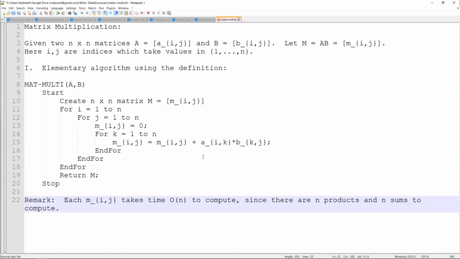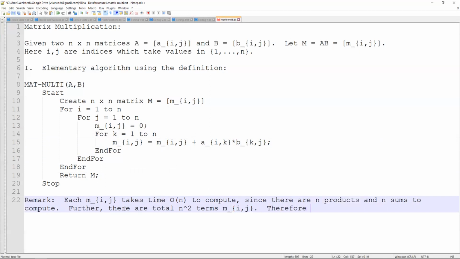Do you see this product and this sum happens again and again for each value of k from 1 to n. So there are n many such operations, n many products and n many additions. So each Mij takes time order n to compute since there are n products and n sums. Further, there are a total of n square terms Mij since i and j are varying from 1 to n, right?